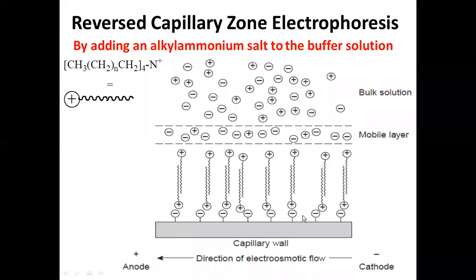Now the negatively charged capillary wall has been converted into a surface with a hydrophobic alkyl tail. Here, CH3, CH2 n times can be written as the alkyl tail. This alkyl tail is hydrophobic. There is a prominent hydrophobic interaction between the hydrophobic tail of this alkyl ammonium group and other alkyl ammonium groups present in the capillary tube.